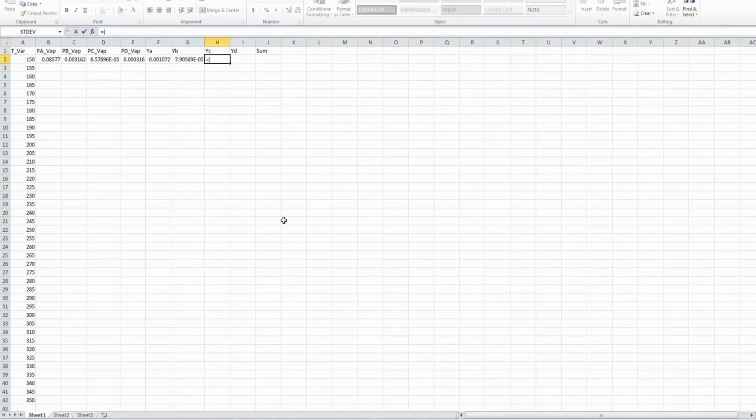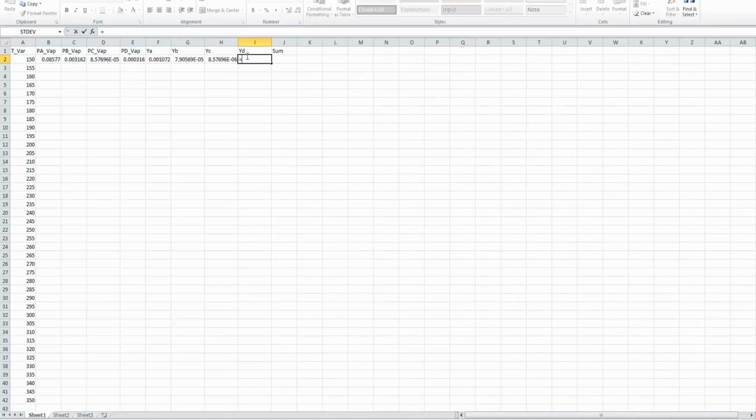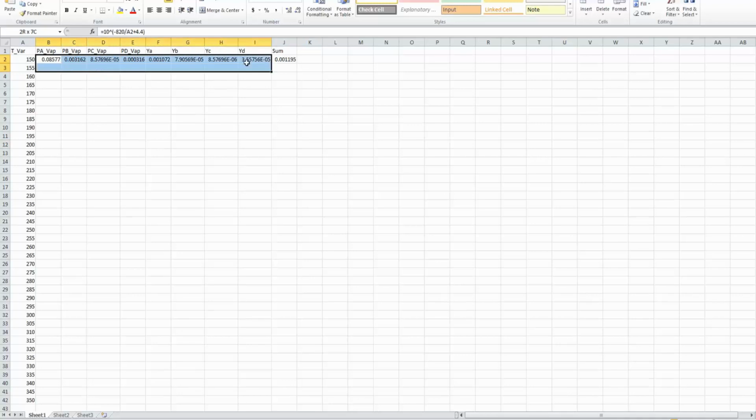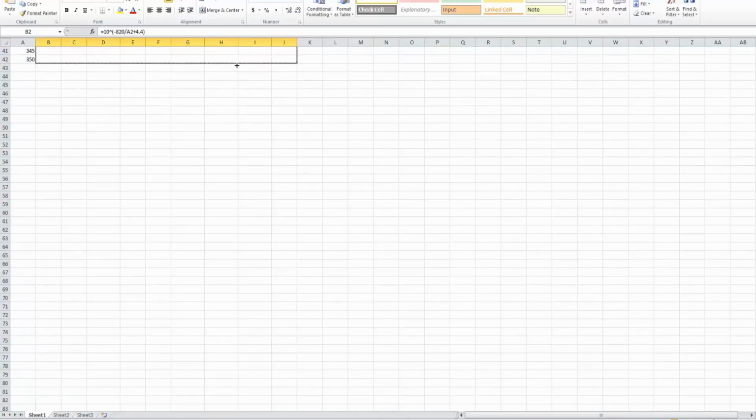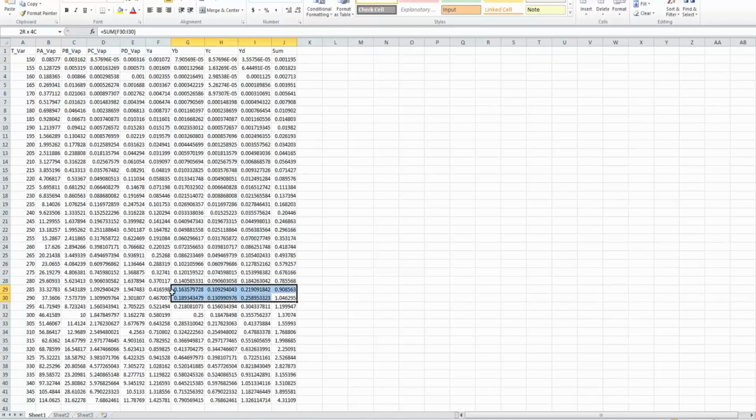Next is equal to parentheses 0.4 times our PC VAP divided by 4, hit enter. Next is equal to parentheses 0.45 times PD VAP divided by 4, close parentheses, hit enter. Finally, we sum up YA, YB, YC, and YD, so it's equal to sum parentheses YA, YB, YC, YD, hit enter. And now we need to highlight all of this piece, hit the crosshair, and go all the way down to our 350 here. Okay, so here it's getting pretty close.